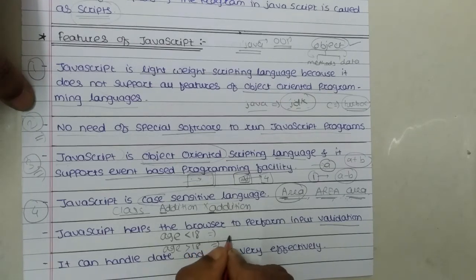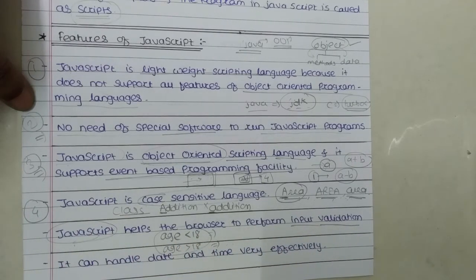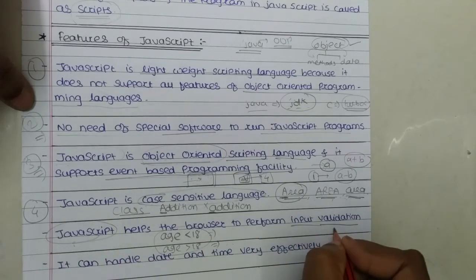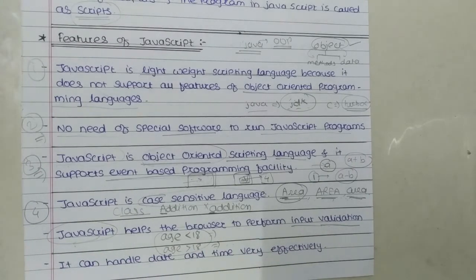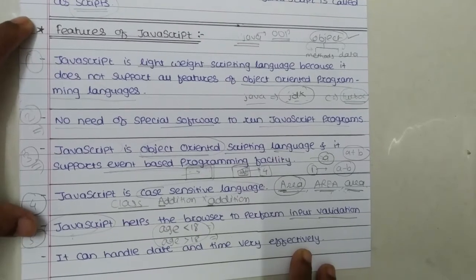These are the validations, meaning we validate the person with their age. So this type of application we develop with the help of JavaScript. This is also a very important point. That means we validate our input with the help of JavaScript. This is the fifth feature.